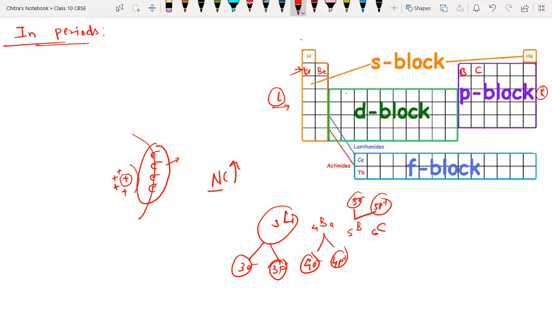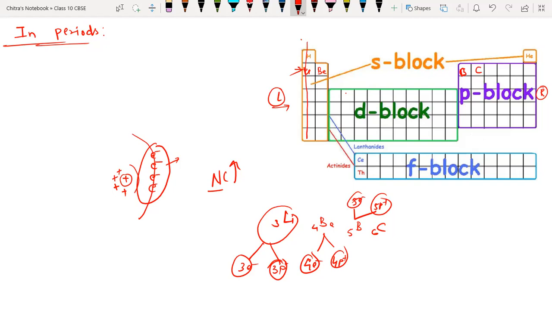See, elements having the same number of electrons in their outermost shell are placed in the same group. So all the atoms of the first group have 1 electron in their outermost shell. We already discussed that in the group part. You were not there in the last class, right? No, I was, sir. Okay, what does the group number describe? The group number represents the number of electrons present in the outermost shell.